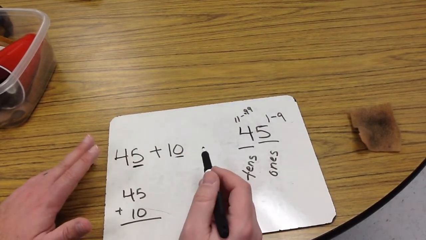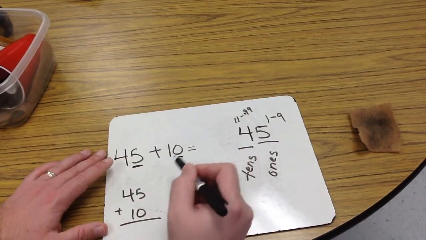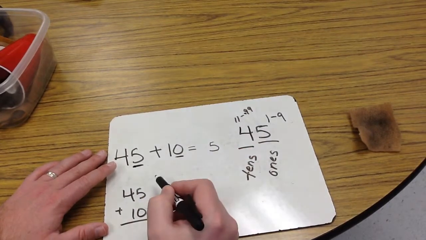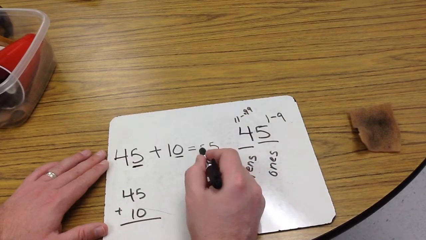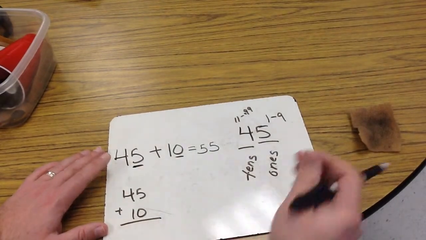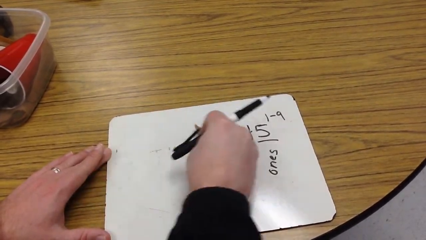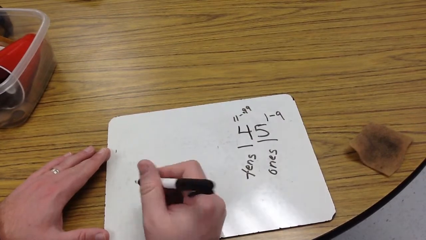There's no decimal here, so I know it's a whole number. And remember, I always say start from the right because you want to be right. 0 plus 5 is 5. 1 plus 4 is 5. I could do it that way too. Now don't worry, we're going to do a couple more problems and then I'm going to give you a worksheet to work on some problems of your own.